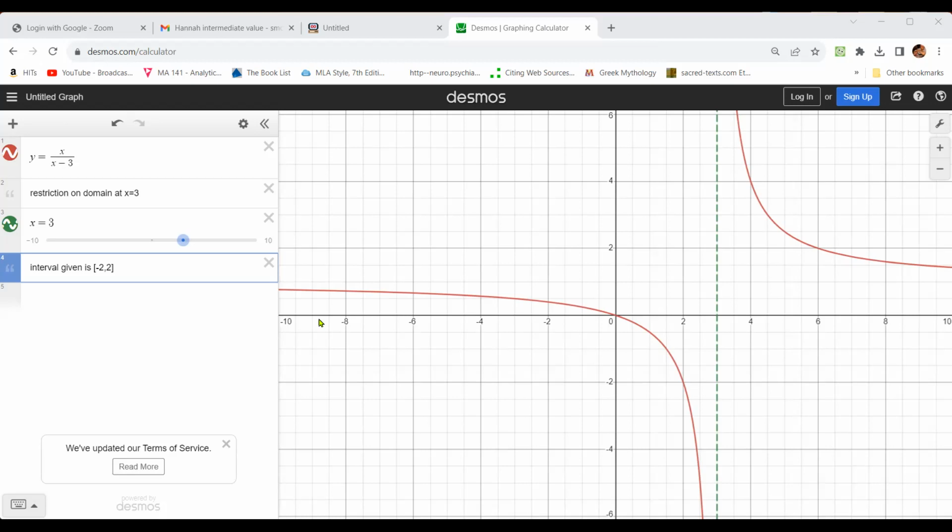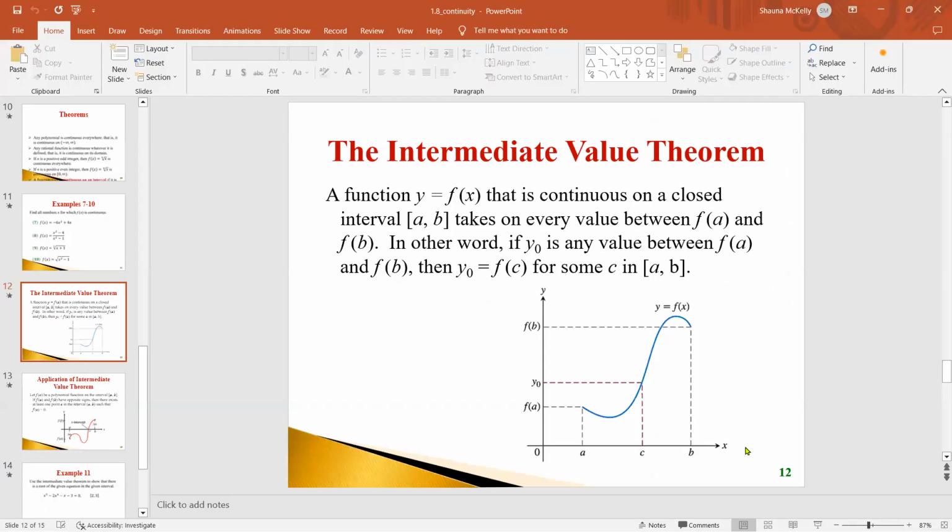I want to show you the intermediate value theorem here. Let me put it up on the screen, and I'm going to take a screenshot of this slide and send it to you with the notes from today. A function f of x, which is our x over x minus 3, that is continuous where?